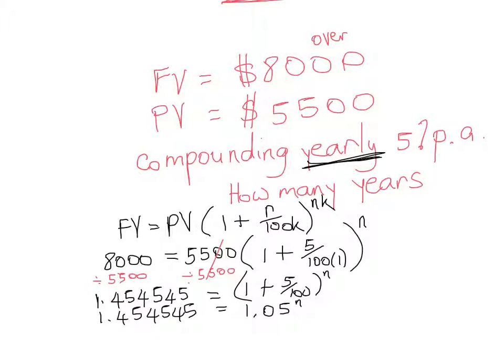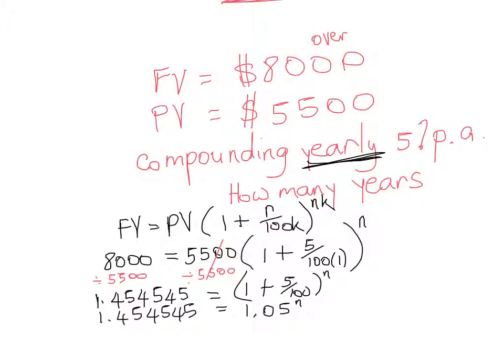Pick a number, any number. Let's go with 10. 1.05 raised to the 10th power. What would that give us? 1.05 raised to the 10th power gives us 1.629. Too big. But let's write this down. Put it in a little table over here.